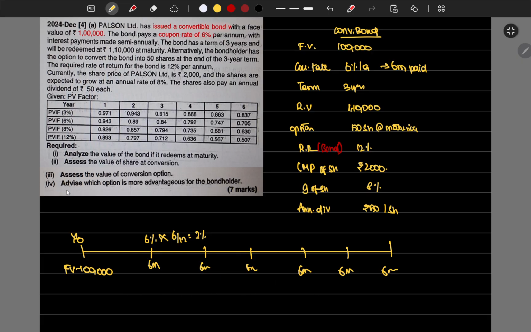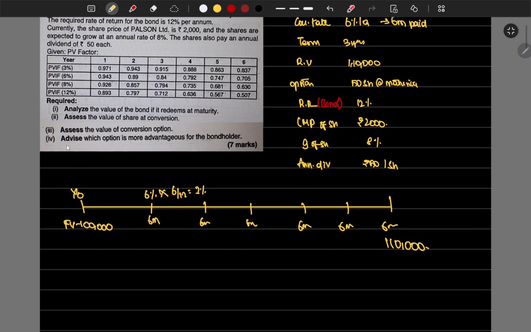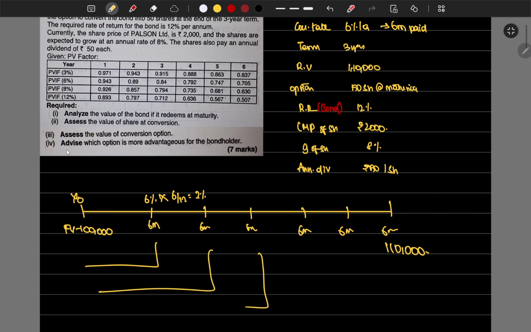Now the bond has a term of 3 years, redeemed at 1,10,000. So we have to bring to present value all the bond interest income and also the redemption value.